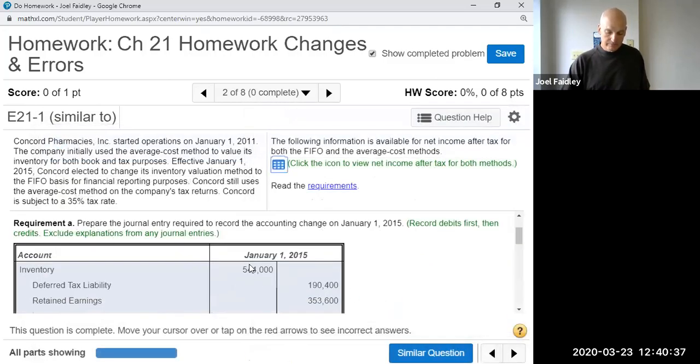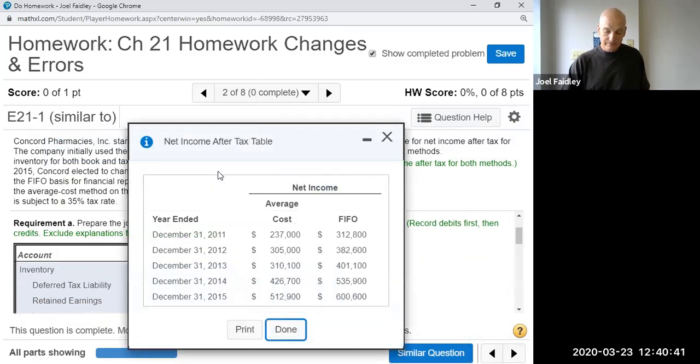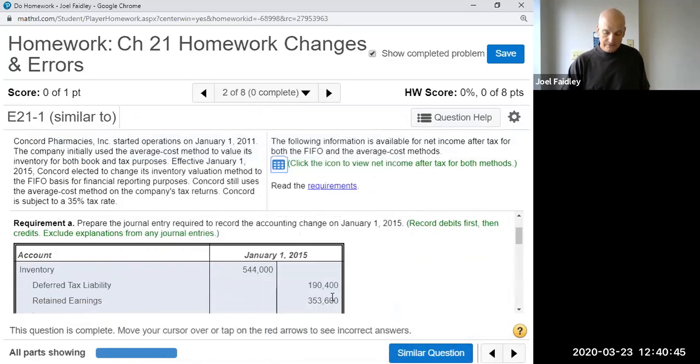There's my inventory. Retained earnings, because that was already after tax, wasn't it? After tax table. 353.6. Inventory. So the difference has to be my deferred tax liability because it's a credit. I'm going to pay the tax later. I'm changing this for purposes of financial reporting versus income tax. It's got a temporary difference here.